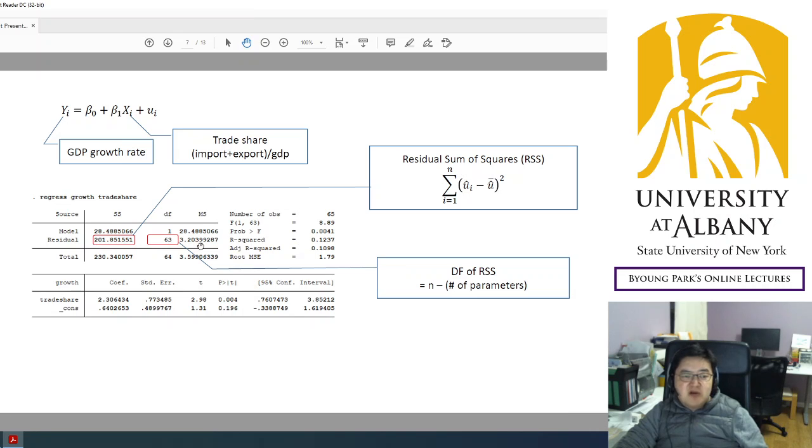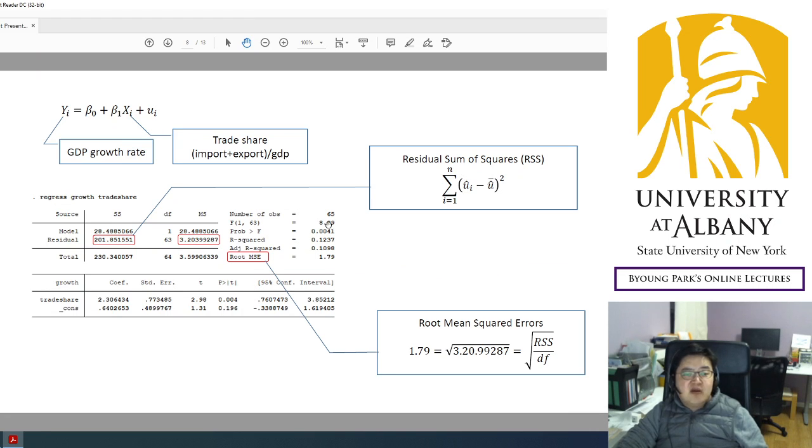And the mean square is the residual sum of squares divided by its degrees of freedom. So it's some kind of average. It follows directly. Also connected to them is root MSE, which is root mean squared error. Root mean squared error is given as 1.79.